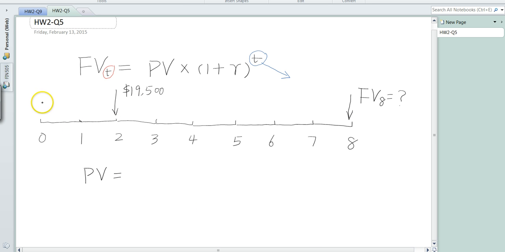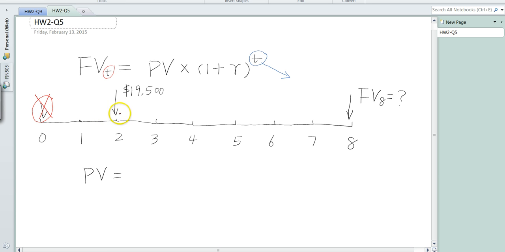By true present, I mean here. But in this case, we don't have any cash flow here. The true present exists, but we don't have any cash flow there, so it doesn't help us solve this question. So what we can do is move to year 2.